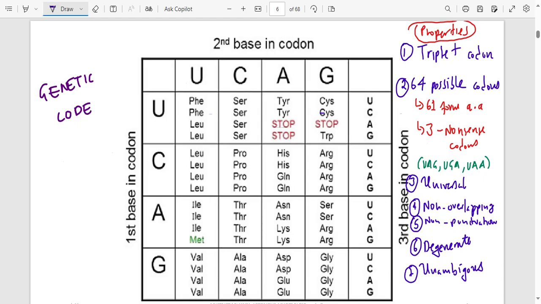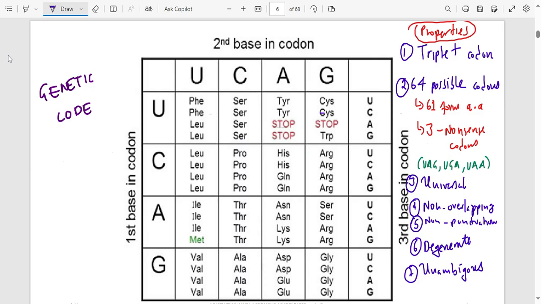We are removing those three because they are nonsense. So there are 61 codons for 20 amino acids. Okay? 61 codons for 20 amino acids. So the meaning of that is that one amino acid, like you can see serine, or even proline, or even threonine, or even alanine, or even aspartate, most of them, they are going to be coded by more than one codon.